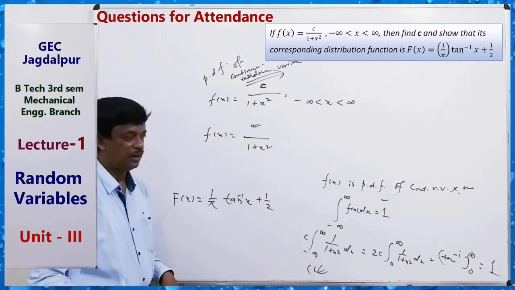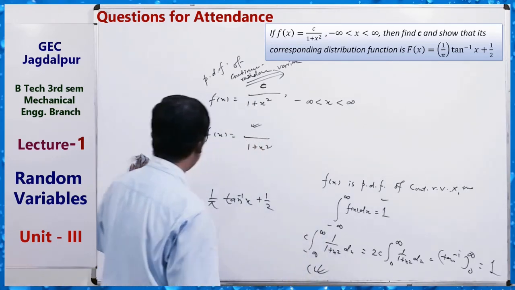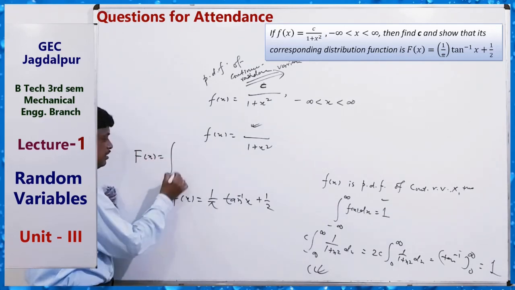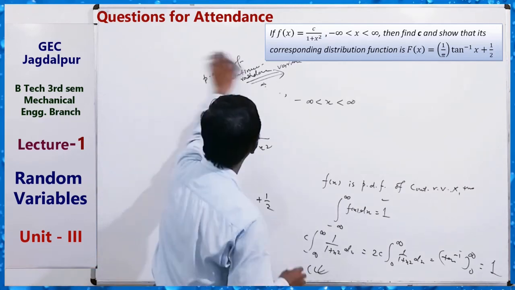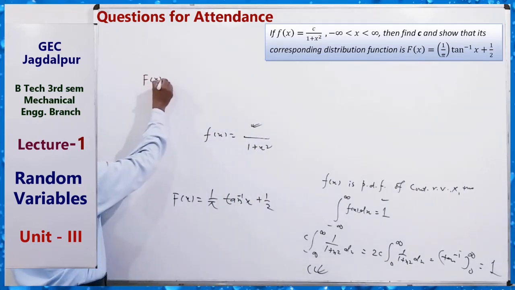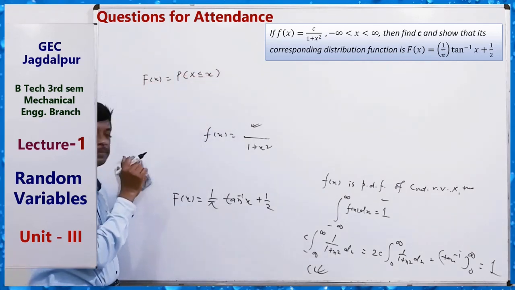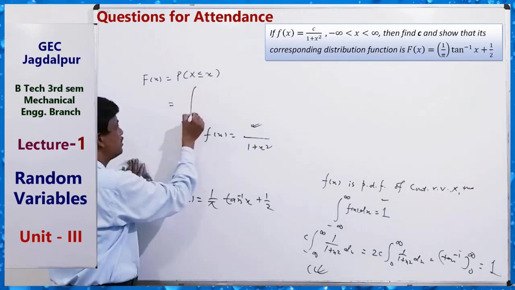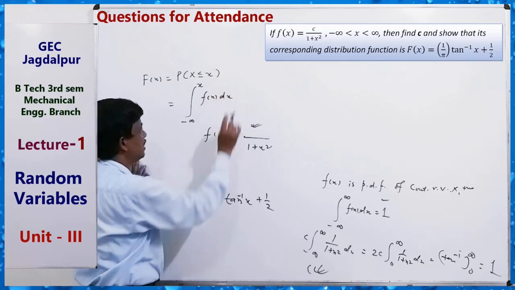Now we have to find the distribution function. And you know what the distribution function is. Distribution function F(x) equals probability of X less than or equal to x. That is, this equals the integral from minus infinity to x of f(x) dx.